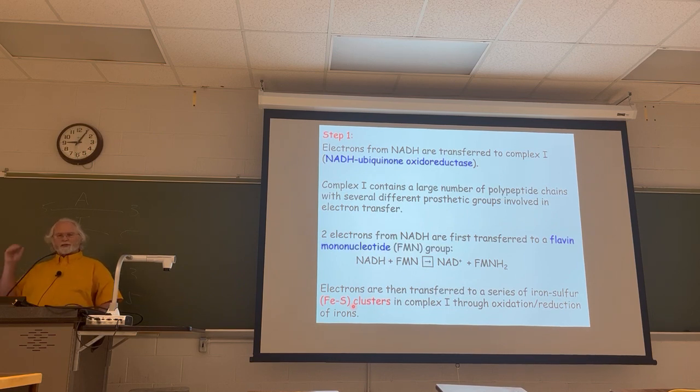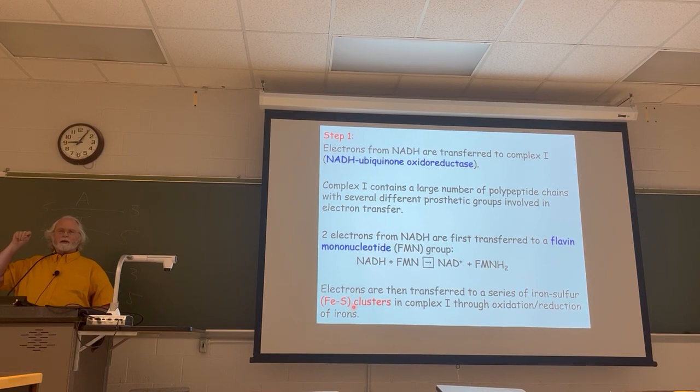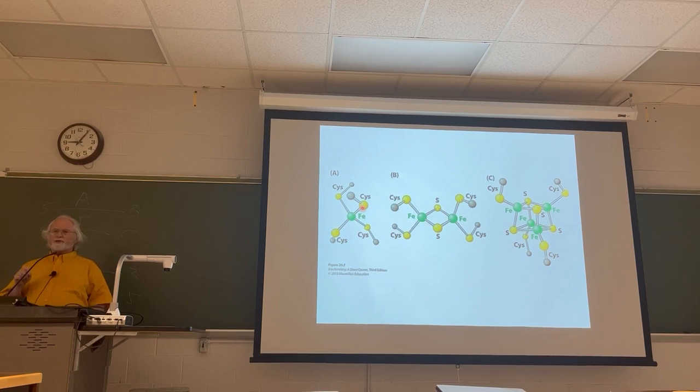So there's a pathway of electrons transferred from one iron sulfur cluster to the next. In those iron sulfur clusters, the sulfur comes from cysteine in the protein. So remember that cysteine is an amino acid with a sulfhydryl group in its side chain. And those cysteines in the protein complex with an iron atom.